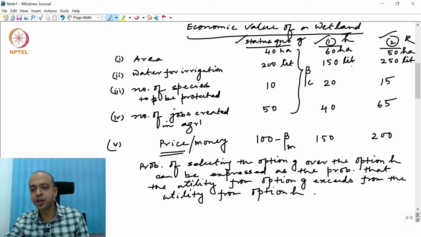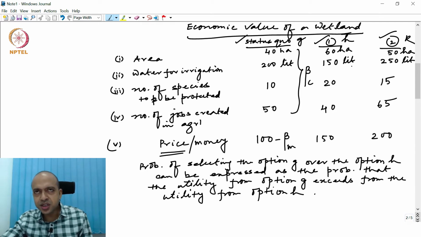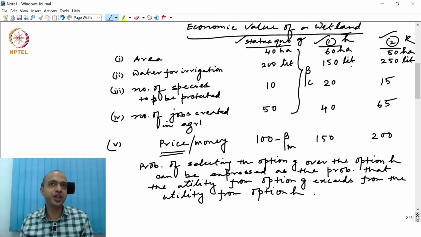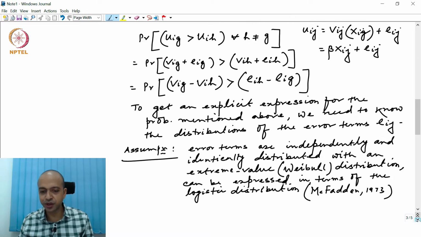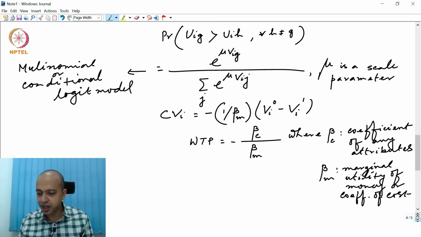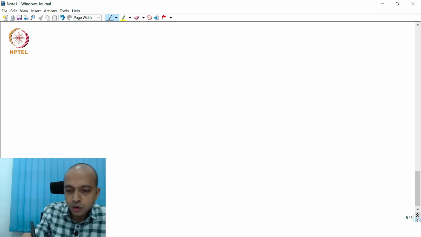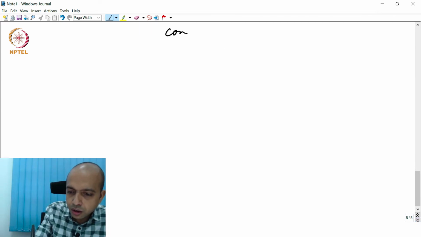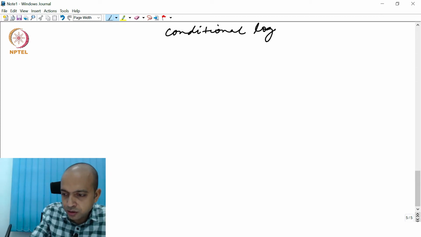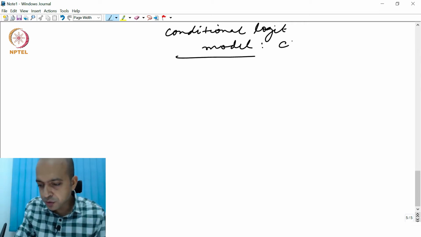Similarly for scenario 2. So this is purely choice-specific data. So I will say that a conditional Logit model means choice-specific data.